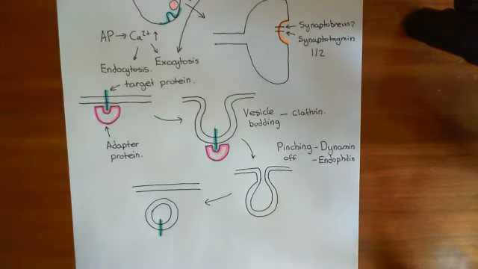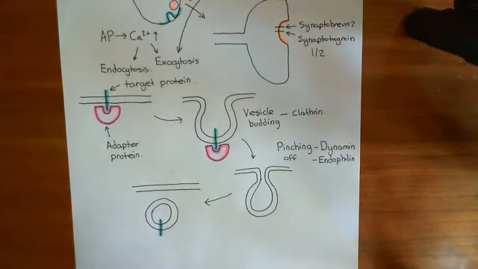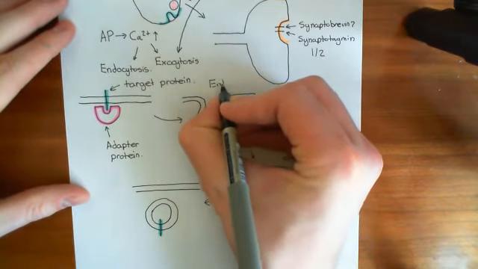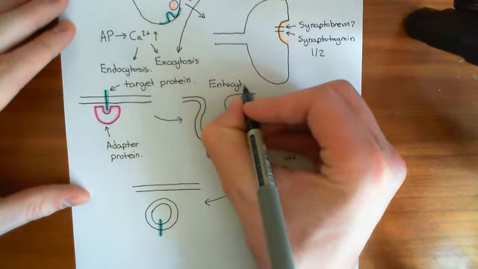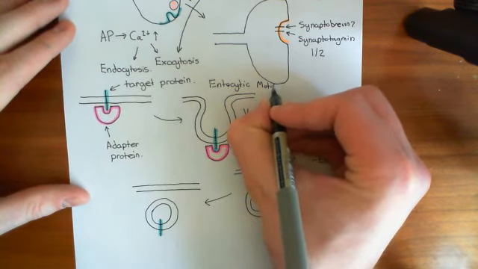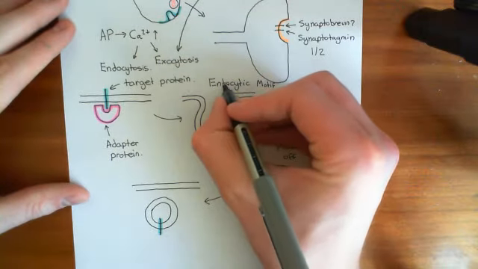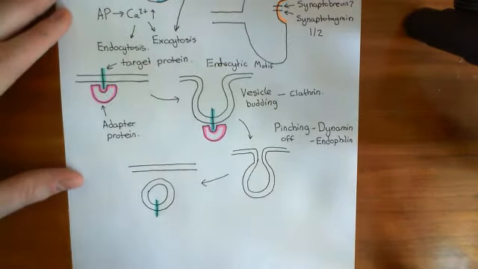And that sequence on the cytoplasmic domain of the target protein that tells the adaptor protein that it needs to be endocytosed is what's known as an endocytic motif. Okay, which is the topic for the next video. We're going to look at that in more detail in the next video.